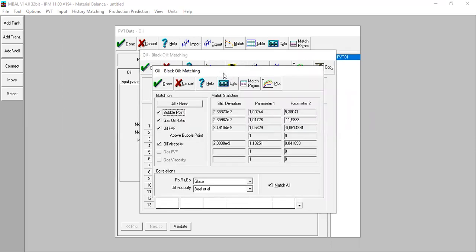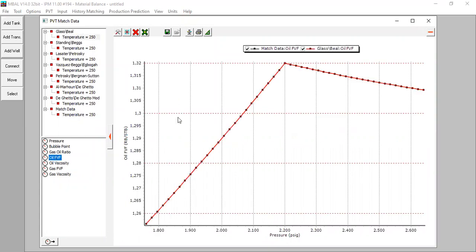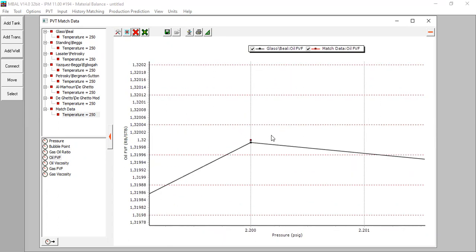Go back to match parameters. Plot oil formation volume factor, and then for Glasso oil formation volume factor. From here, I'm not so sure. Let's do this: show the Glasso first. This is for the Glasso correlation, and then the real data, there. So it's almost perfectly matched.